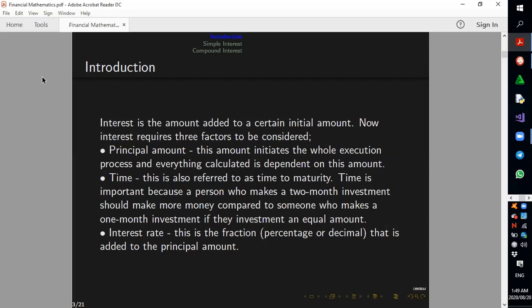We will assume that the bank has done all the necessary calculations in our case, and has already determined how much rate to charge you with, or how much rate to give you on your investment. So the interest rate is that particular percentage which will be calculated on your principal, together with your time, which will give you that final amount of interest.